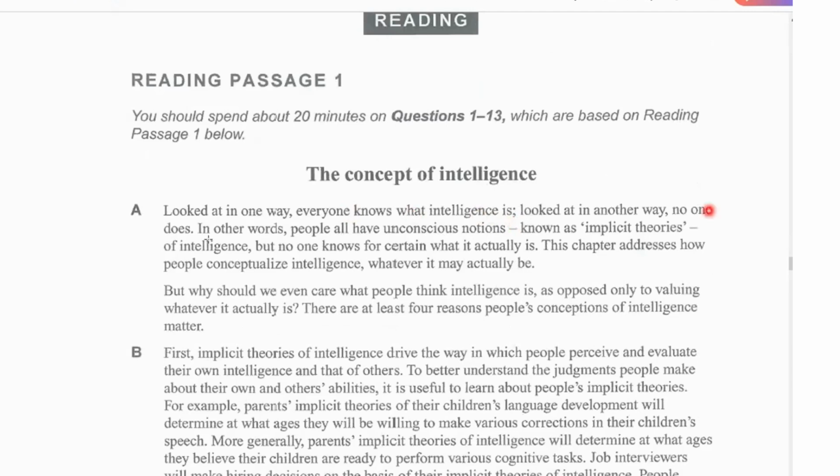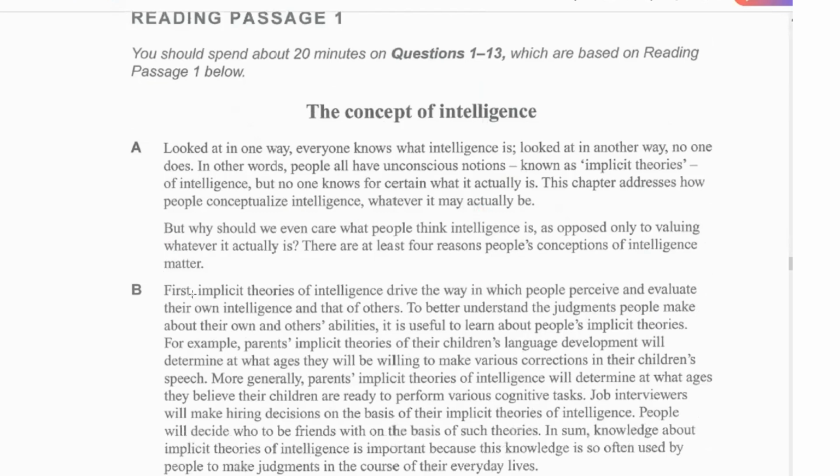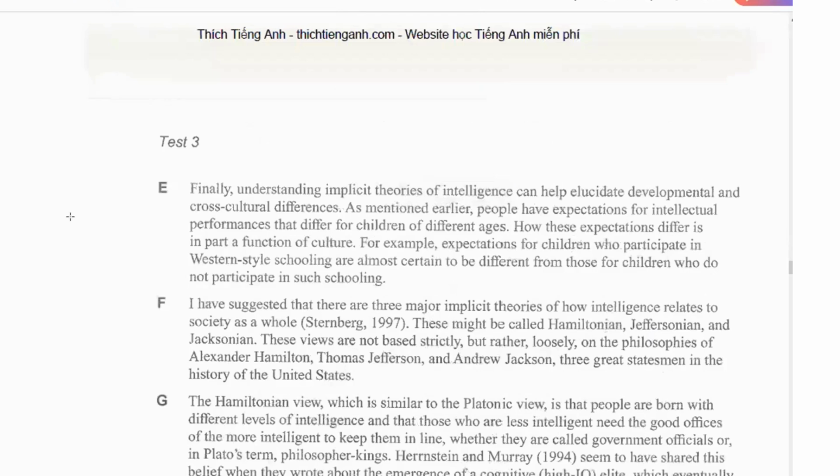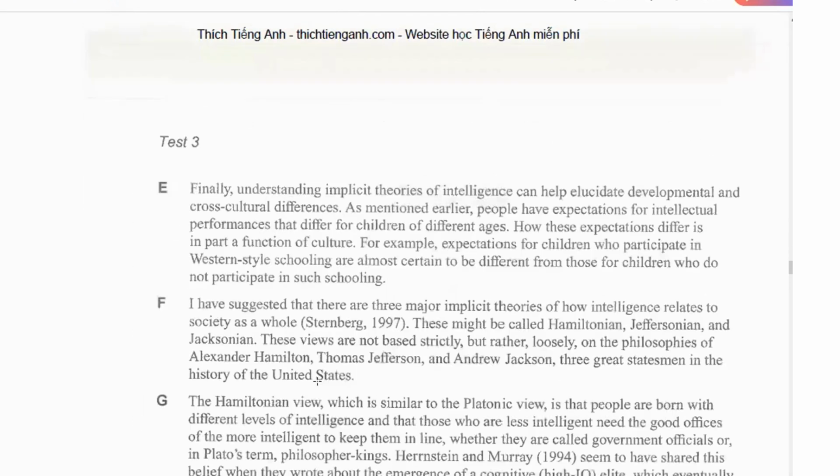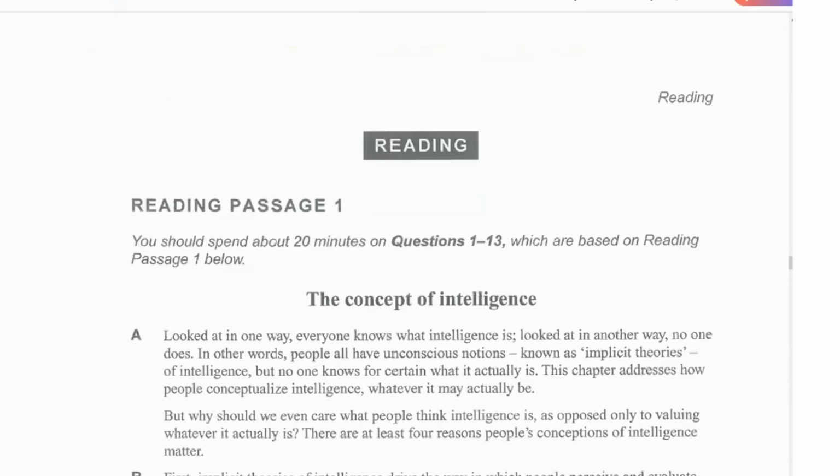Looked at in another way, no one does. In other words, people have unconscious notions. Definition of intelligence. A reference to lack of clarity. That's going to be paragraph A.